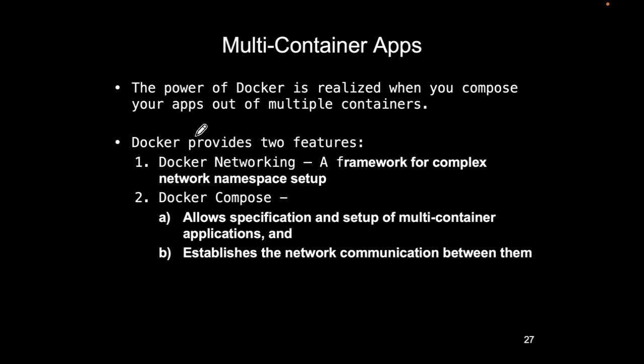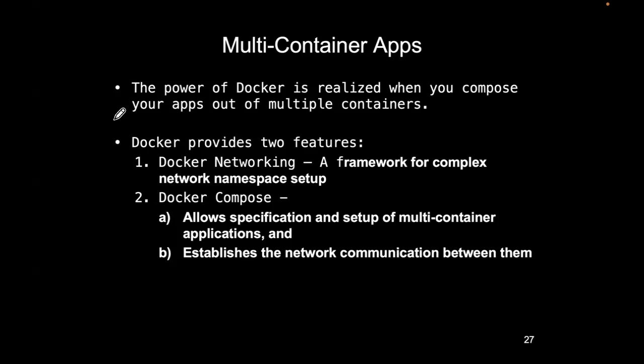Now, those containers will need to communicate with one another. And the way we do that in a Docker environment is we leverage Docker's virtual networking capabilities that are built into the tool itself. And you'll actually be doing that on a small scale in this week's lab.